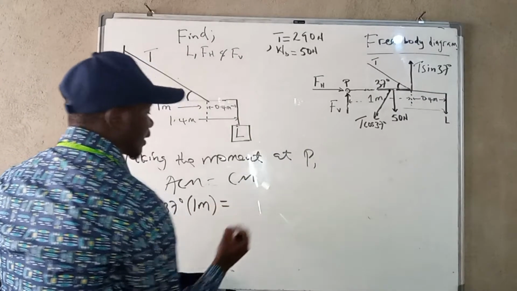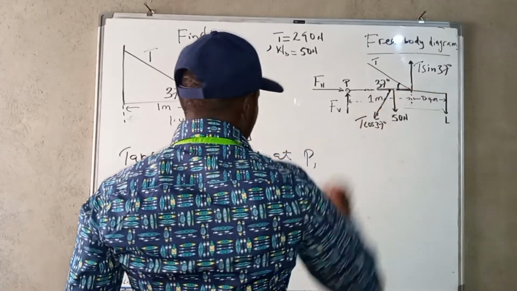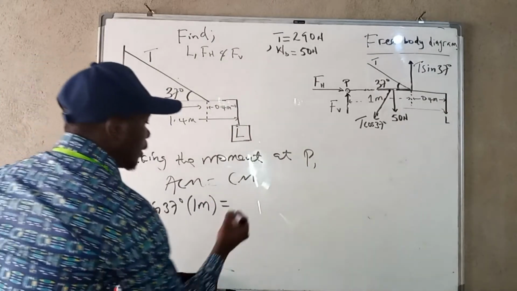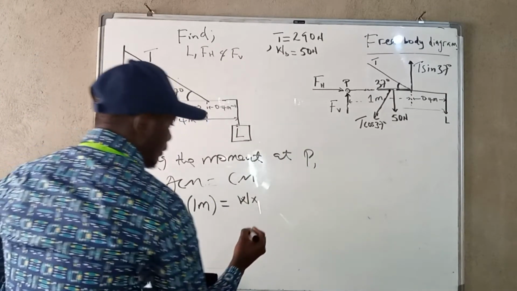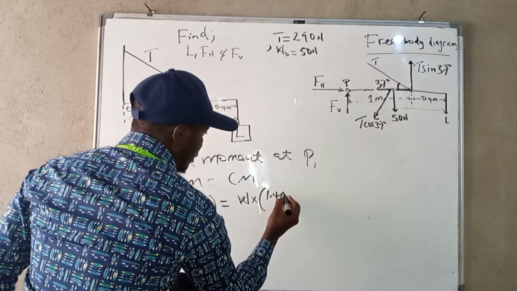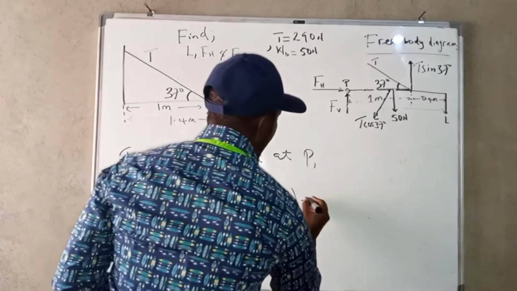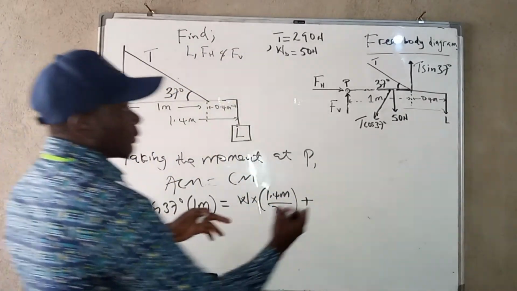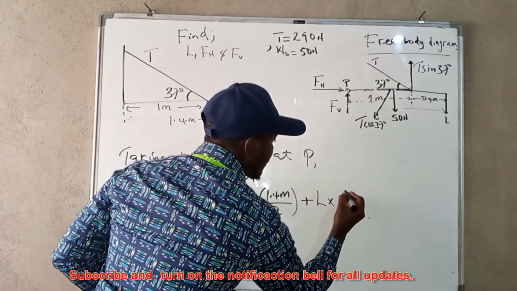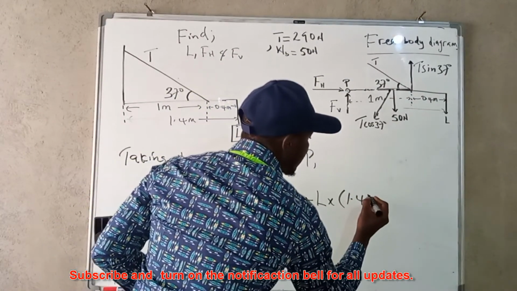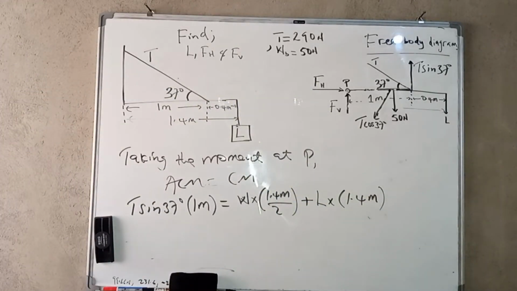Then this must be equal to the weight. Since the weight is simply in the middle, we have the weight of the beam times 1.4, which is the total, over 2, plus we have the L. So from this point to this point, it is L times 1.4 meters. So now we can plug in the values.